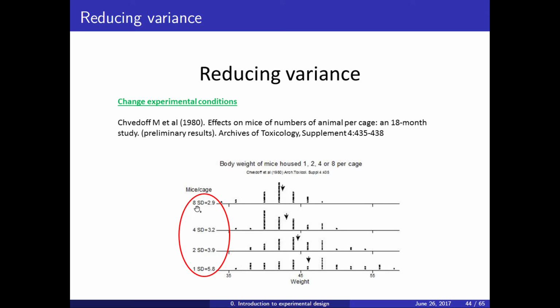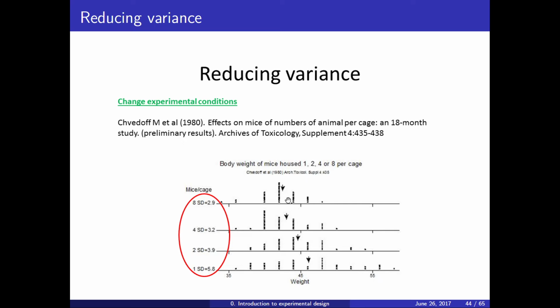And what we see is that the mean is different. When animals are alone, they can eat more, and there is more variability. When there are many animals per cage, somehow they control each other and they behave in a more similar way. So they eat less, and it is much more uniform.